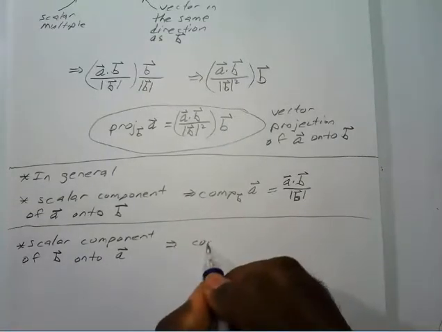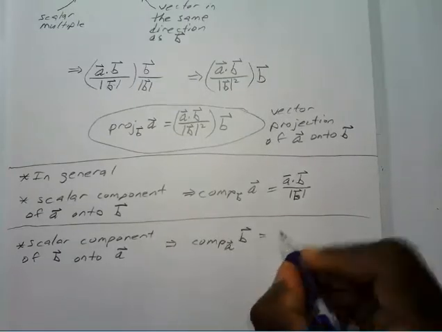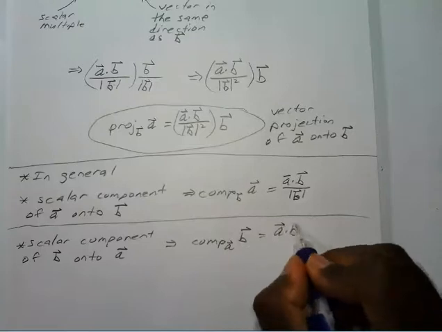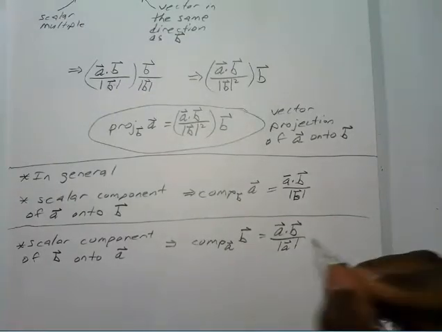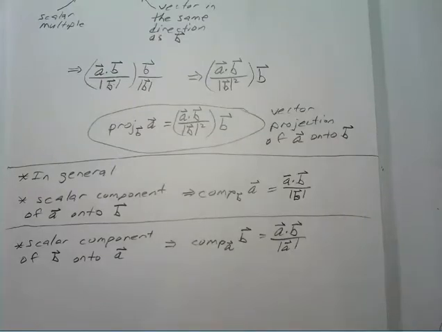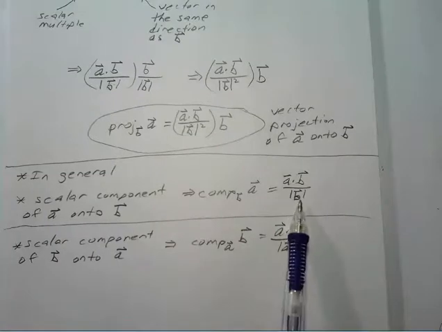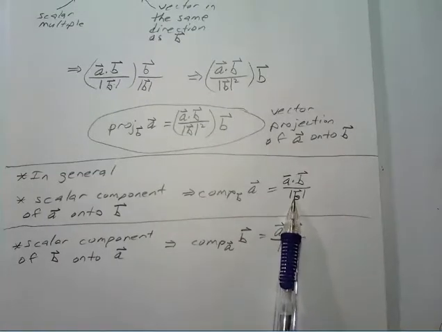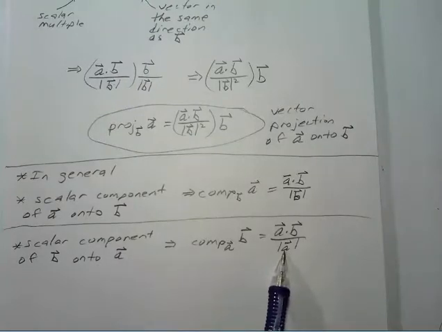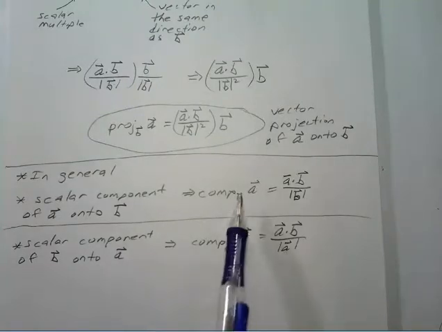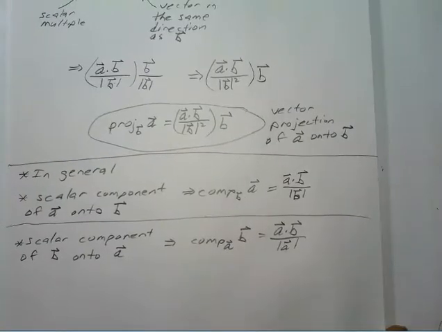The scalar component of our B vector onto our A vector is still the dot product of the A and B vectors divided by the magnitude of the A vector this time. So if it's A onto B, the magnitude of the B vector is in the denominator. If it's B onto A, the magnitude of the A vector is in the denominator. So you can see here A onto B, B onto A. So that hopefully helps you remember how to set it up.